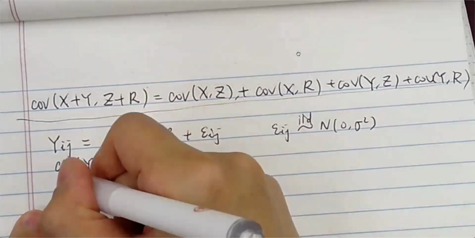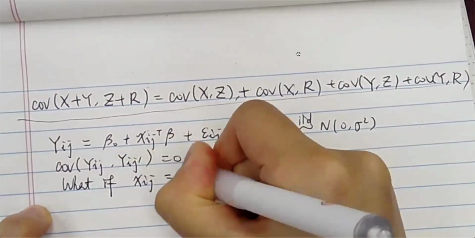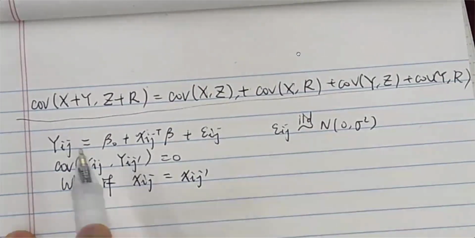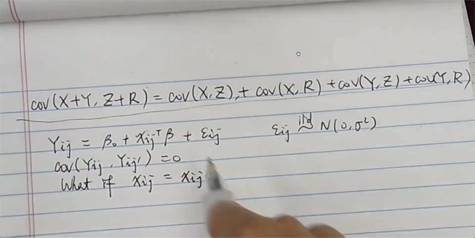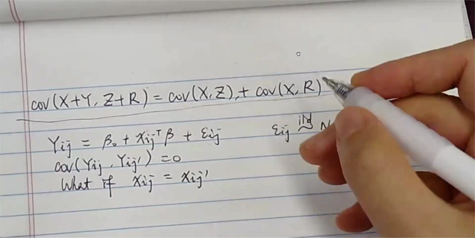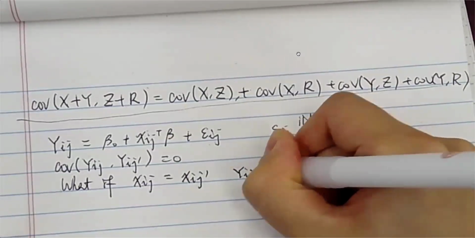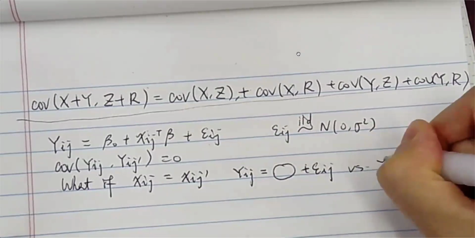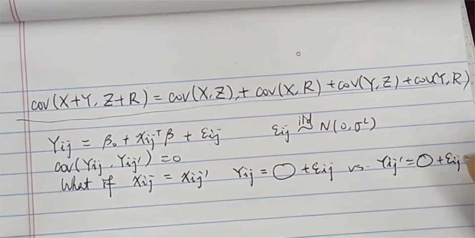That is, what if Xij equals Xij prime? I'm just giving you exactly the same covariate for the 2 observations. Then these 2 responses will have the same mean, with just differences in epsilon. So basically I can say Yij is the same thing plus epsilon ij, while Yij prime is equal to the same thing plus epsilon ij prime.